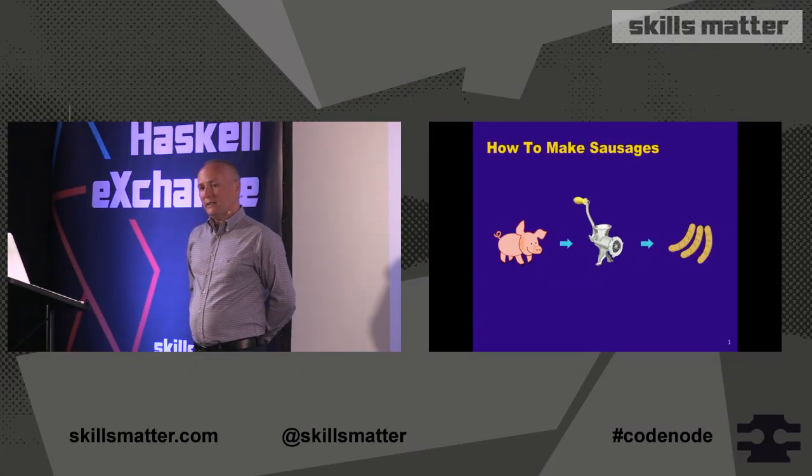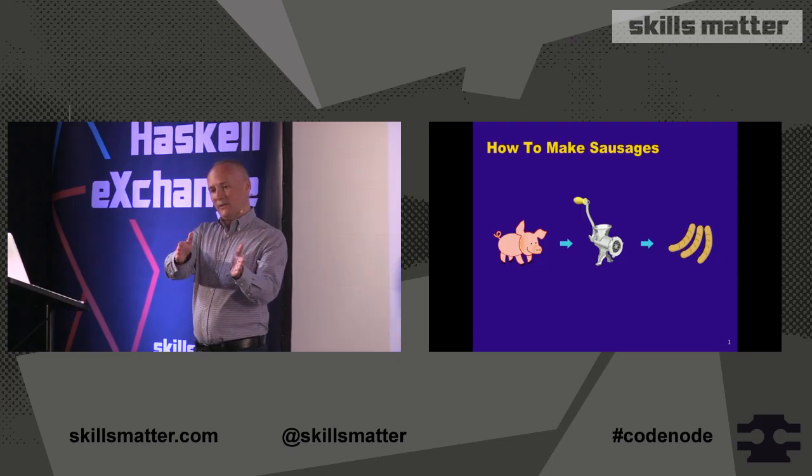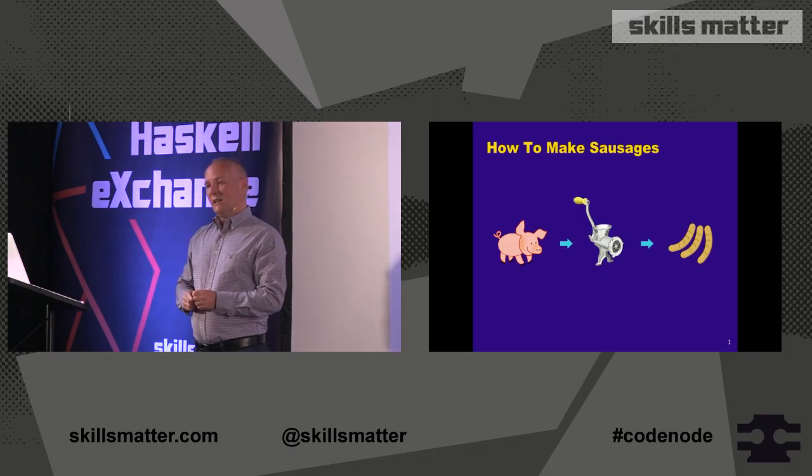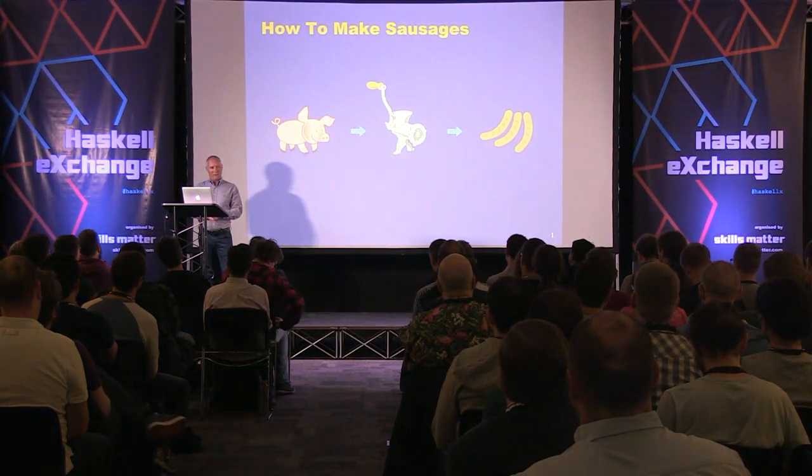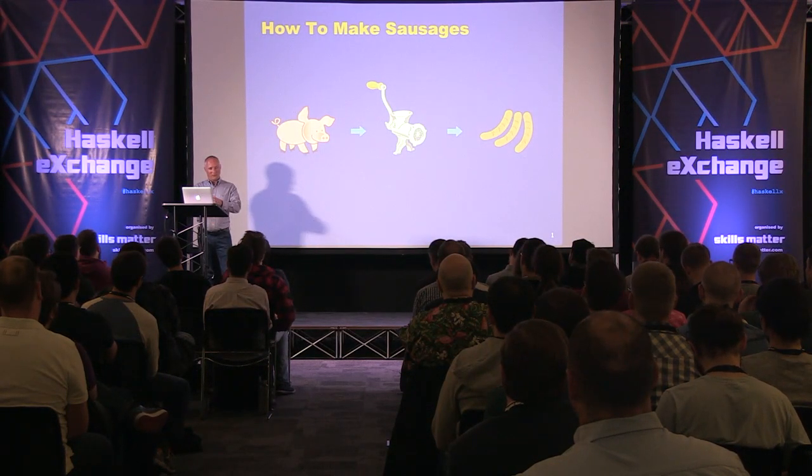The point here is that this is a systematic mechanical process. You put something in one side, your pig on the left, and you turn the handle, and hopefully out the other side pops something that you're interested in, which in this case is some sausages. Okay, so sausage machine, remember this, we'll come back to this many times.